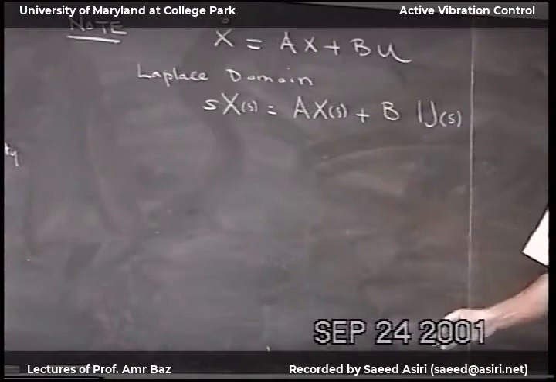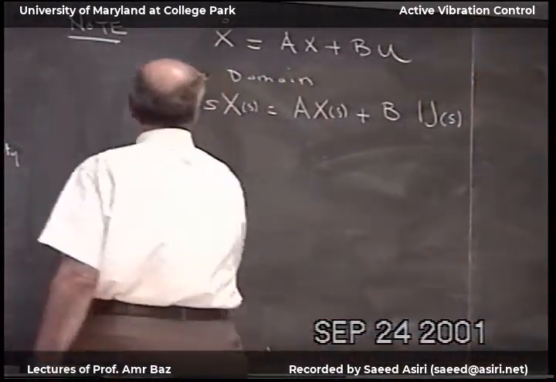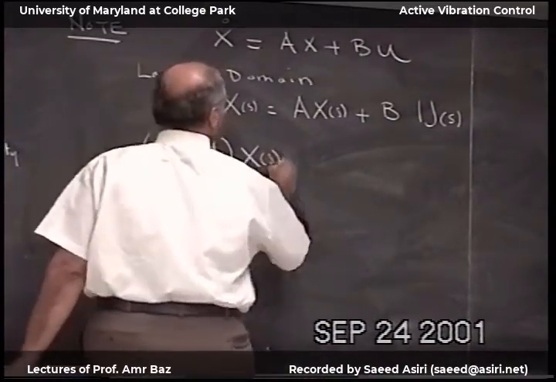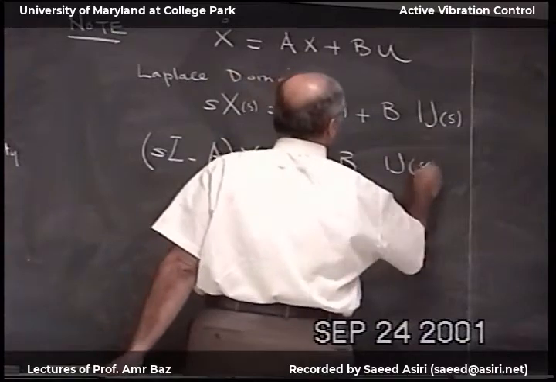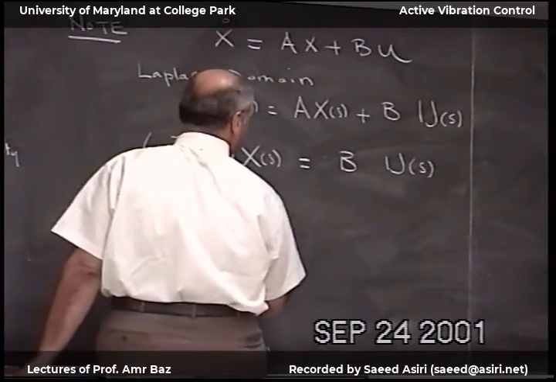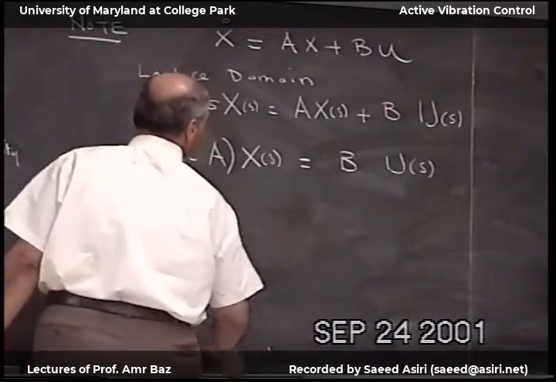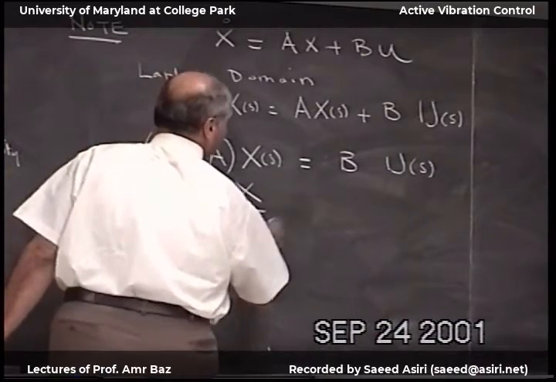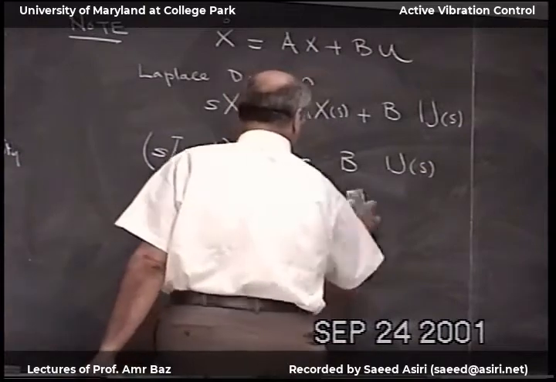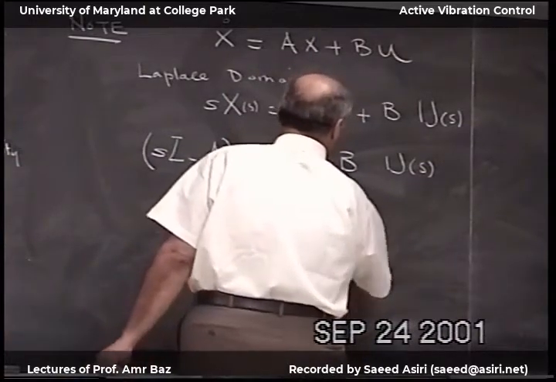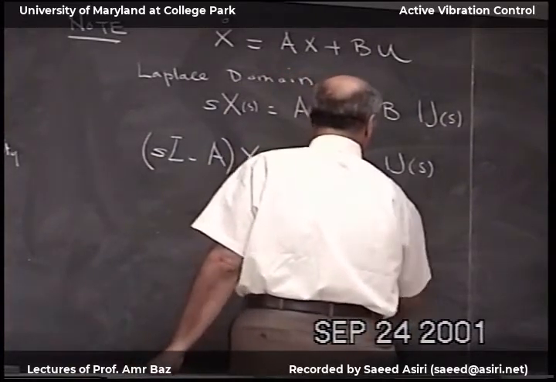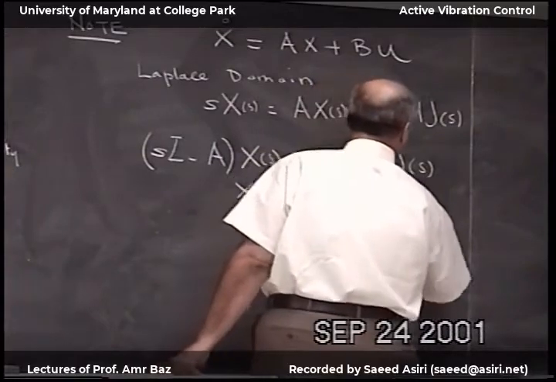Now I can group the x's on one side. So I have (sI minus A) X(s) equal to B U(s). And then the transfer function X over U will equal (sI minus A) inverse B.